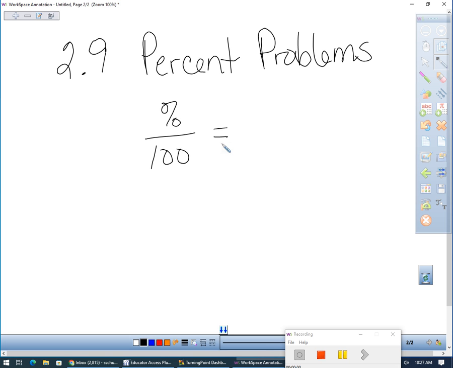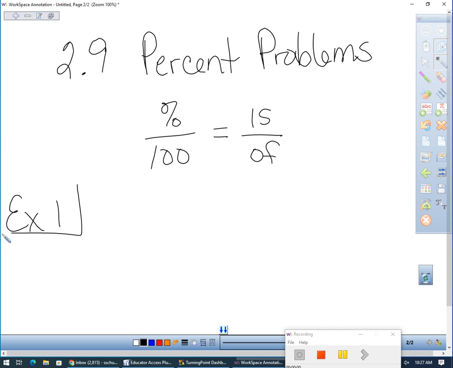The second one is always is over of. Trust me. Okay, so everything we're going to set up today, percent over 100 equals is over of. And, of course, we're going to cross multiply.